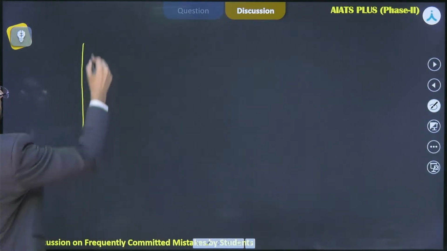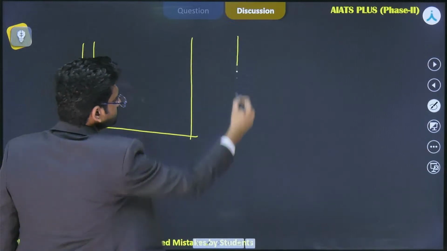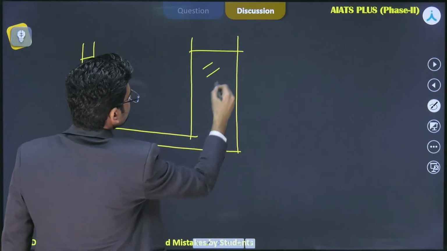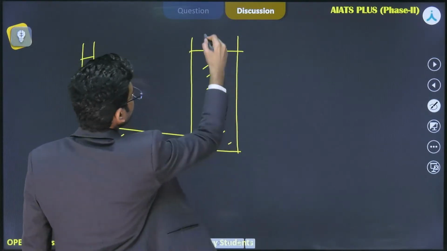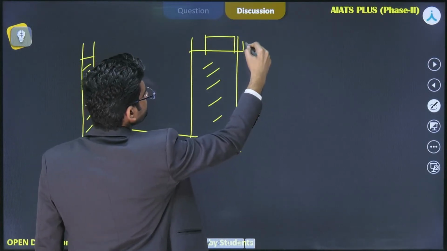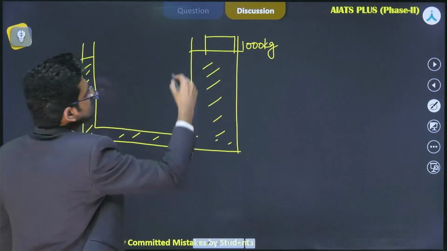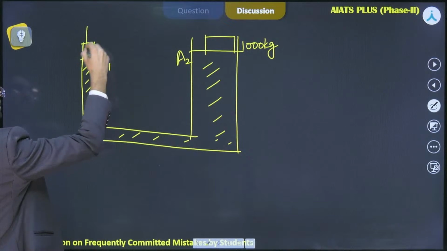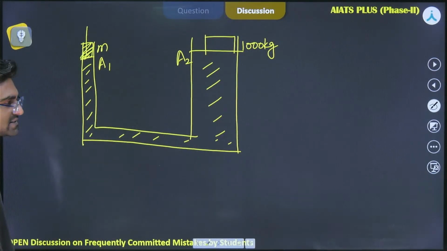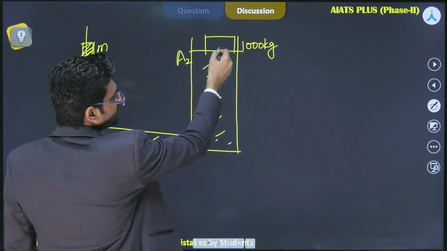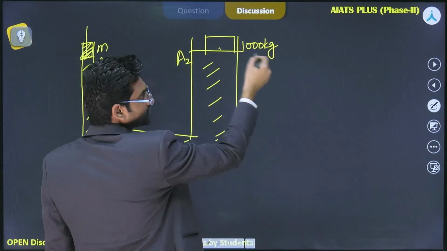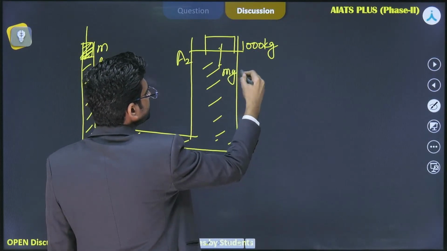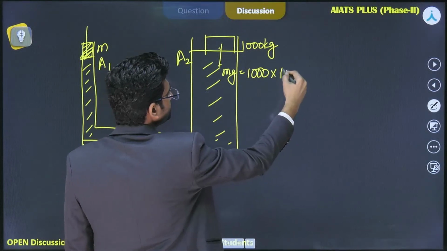Or let's make another figure. This is the liquid. This is the car of mass 1000 kg. This is area A2, let's say. This is area A1. I am putting another mass here of mass M, let's say. Now, we have to balance this. So what is happening here? This 1000 kg is its mass. What would be the weight? That is M into G, that is equal to 1000 into 10.